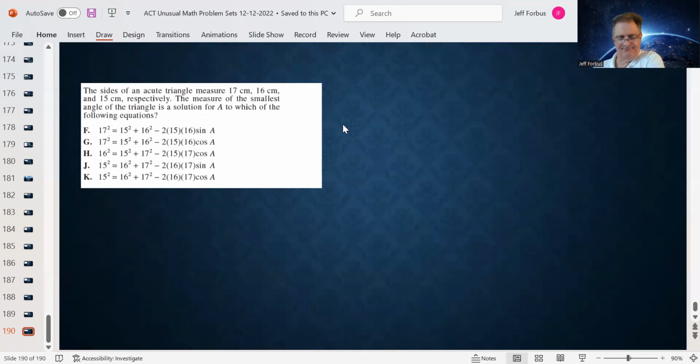So, just to kind of help you out, let's draw a triangle. I'm going to call this C, I'm going to call this A, and I'm going to call this B. So here's our angle in our triangle.